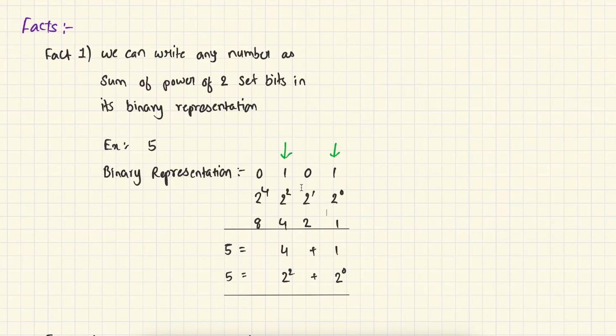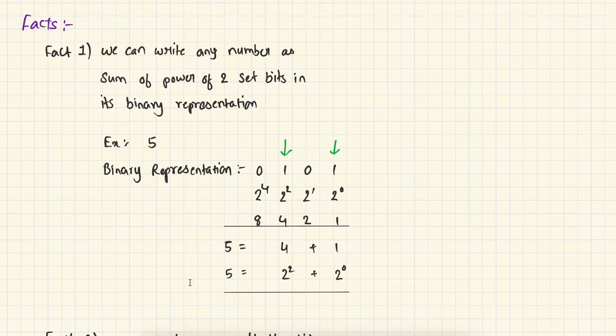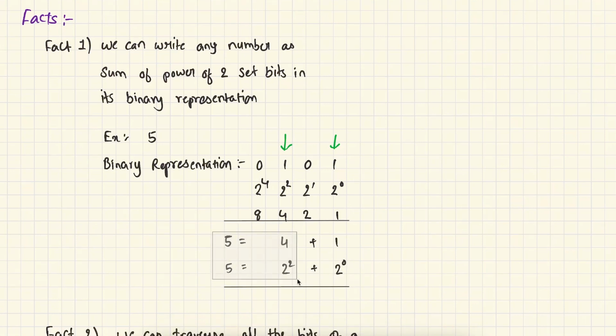Similarly, 2 to the power 1 is 2, 2 to the power 2 is 4, and 2 to the power 3 is 8, right? So how can we write 5? We can write 5 is equal to 4 plus 1, and we can also write 5 is equal to 2 to the power 2 plus 2 to the power 0, correct? Both are the same thing.